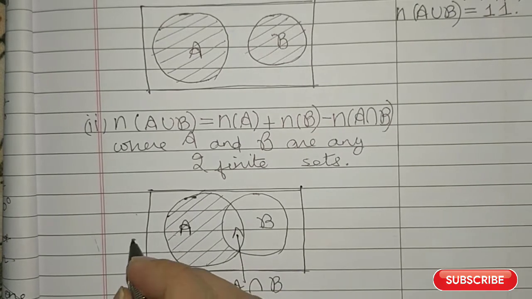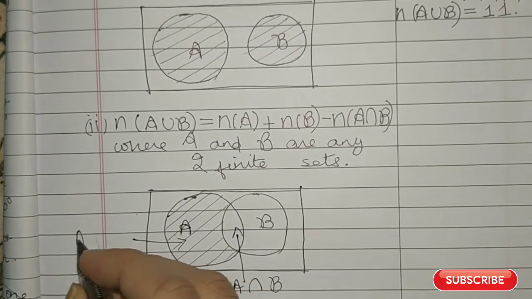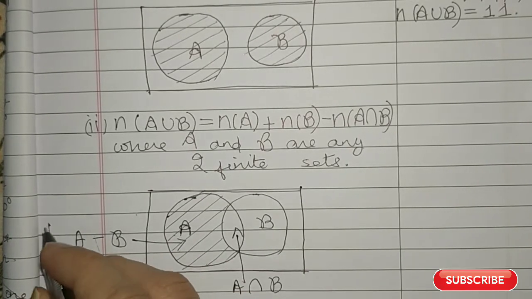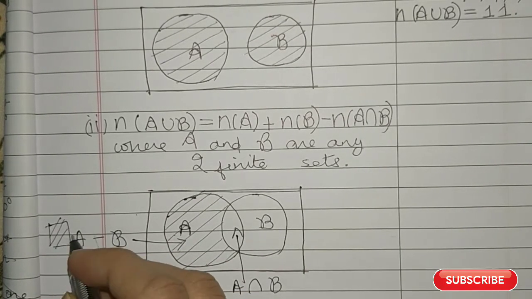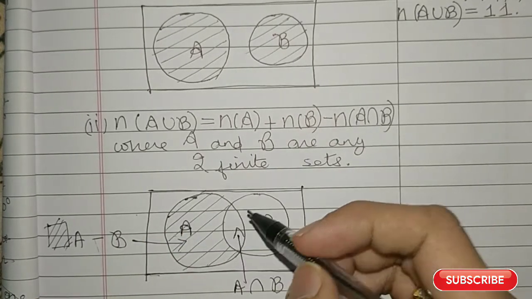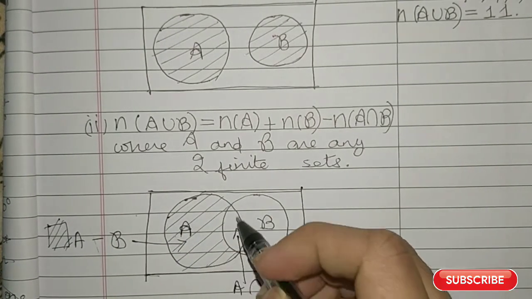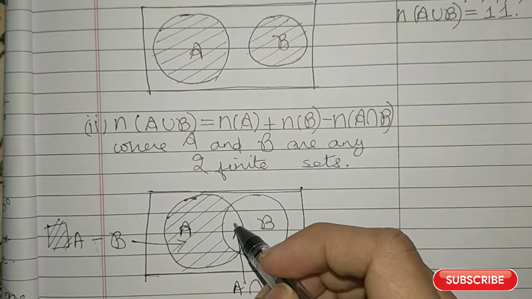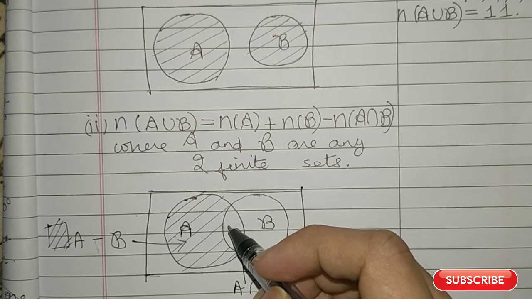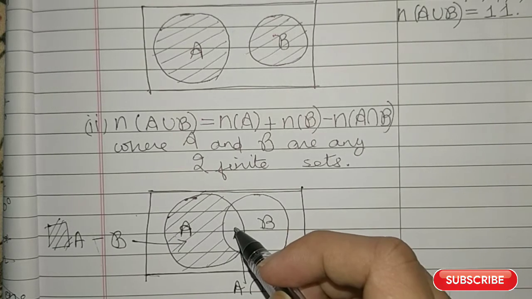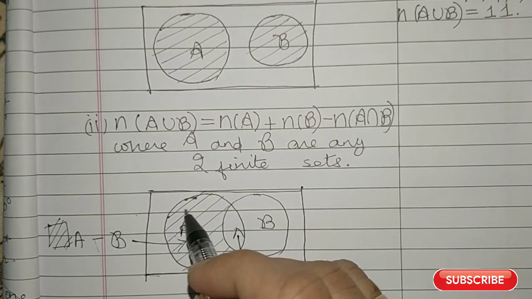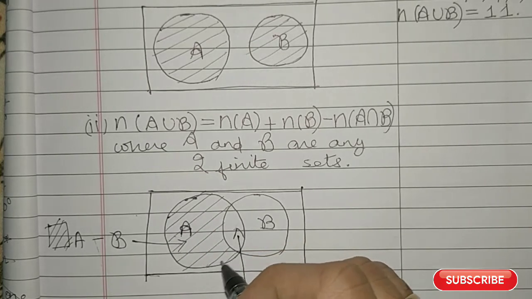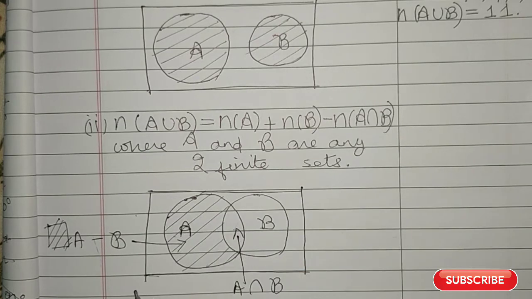So this area which I have shaded here is A minus B, right, A minus B. Okay, we are taking all the elements of A which are not in B. Suppose we had taken this, then we would have taken all the elements of B also. So I am not taking this region, I am only taking the region which are all the elements of A which are not in B.